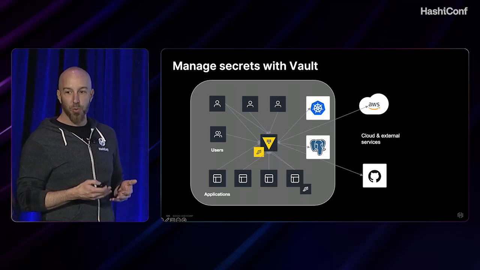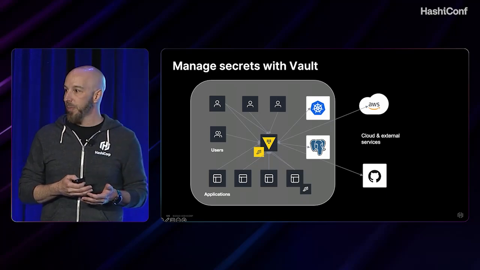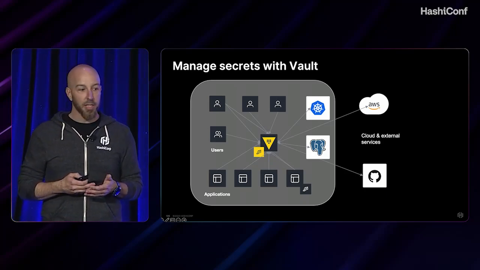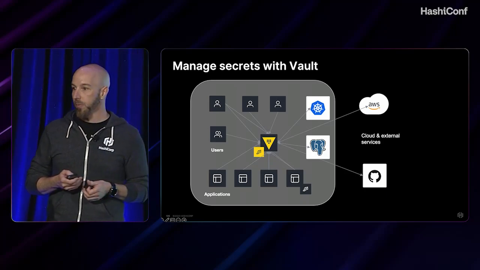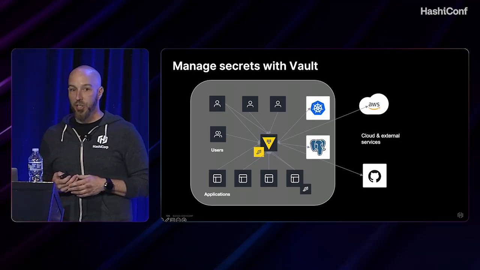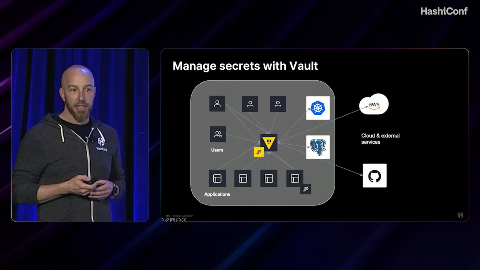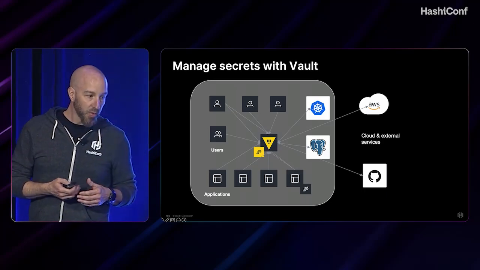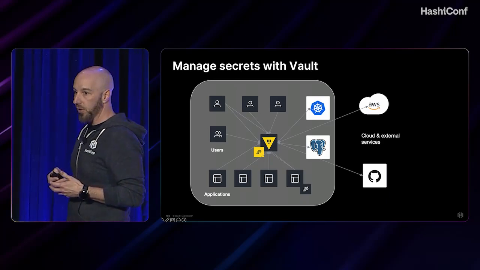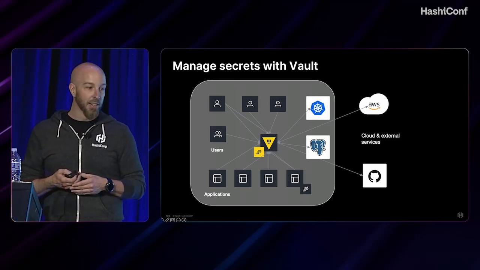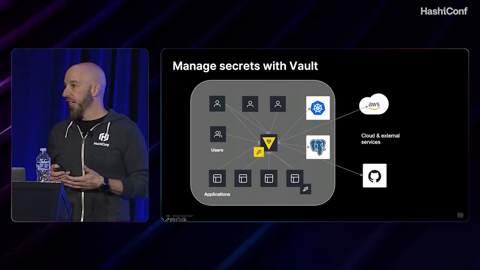But for teams or workloads that cannot make a change immediately, you can also use a tool like Vault Secrets Operator, which is available for both Vault Enterprise, Vault Community Edition, and our managed instances of Vault, HCP Vault Dedicated and HCP Vault Secrets, to take those secrets out of Vault and create a native Kubernetes secret. So a team that's already got a workload there doesn't necessarily have to change on day one.